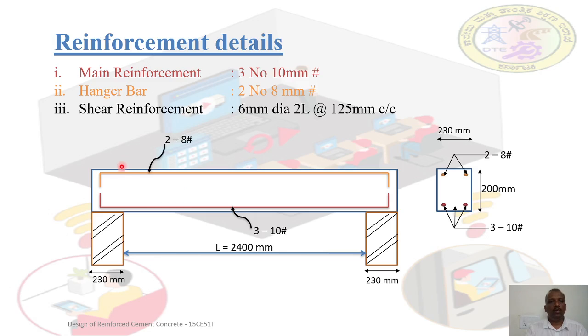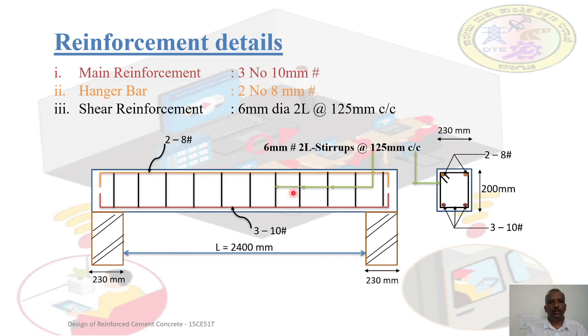Then we have 2 hanger bars, extra bars to support the stirrups. All of that is provided in the section. Then we have the shear reinforcement, which is surrounded by the main reinforcement as well as the stirrups. They are 6 mm diameter, 2-legged stirrups at 125 mm center to center.